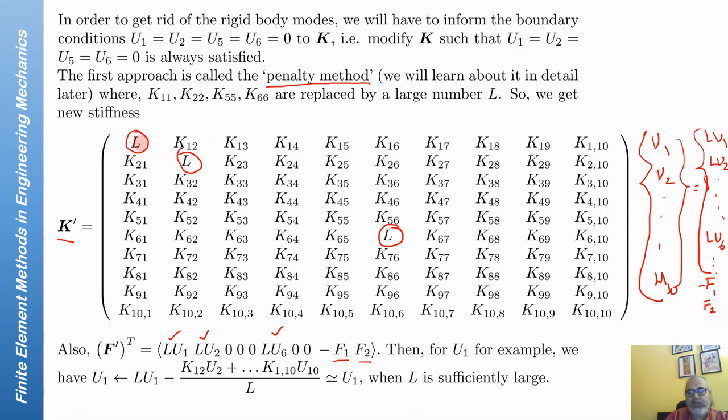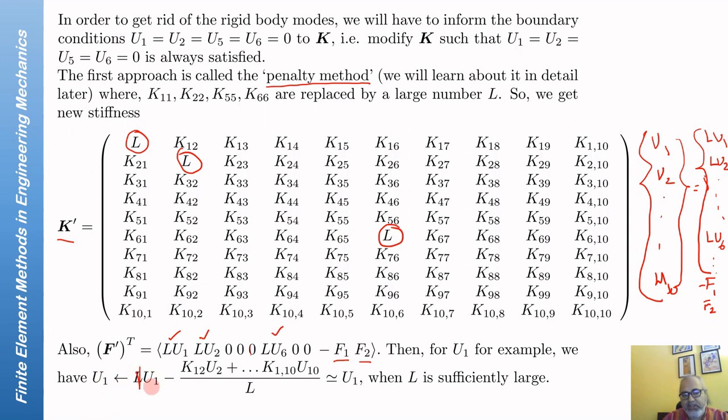So in the first equation, L will be multiplied by U1, and then K12 will be multiplied by U2, and on the right hand side you have LU1. So when you divide by L, you will have, this is wrong, you won't have the L here.